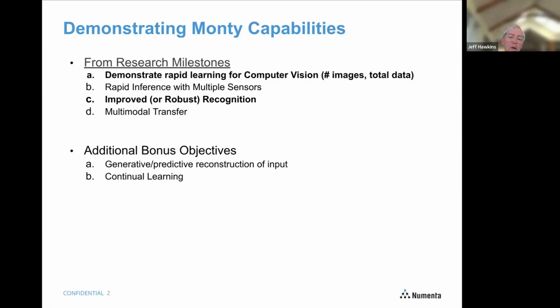I like the idea that it could be an add-on piece, but I would make it clear that brains and Monty are not generative systems per se, certainly not for images. Humans aren't good at this. We can't draw things. We actually can't picture things in detail in our heads. But as an add-on piece, feeding into another system that does generative modeling, that should be good.